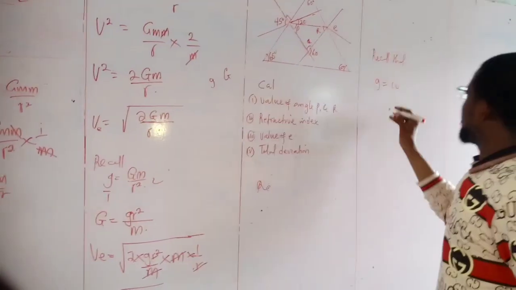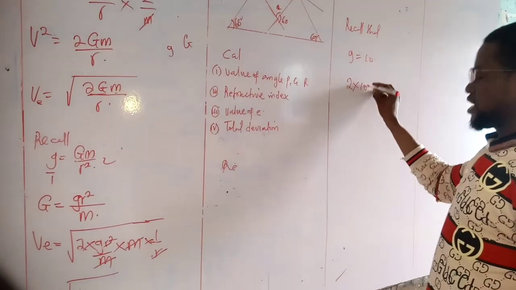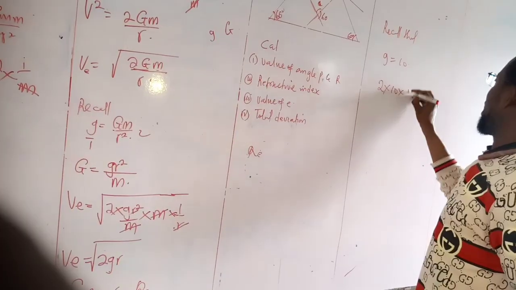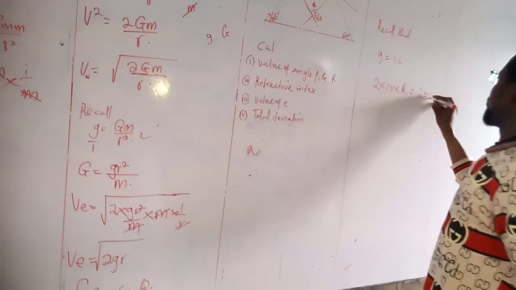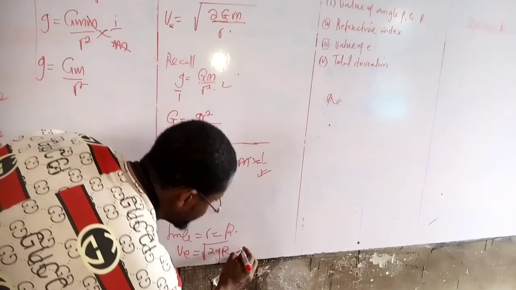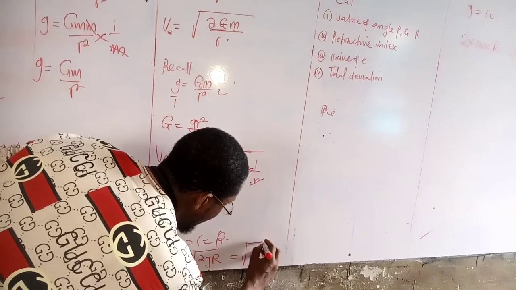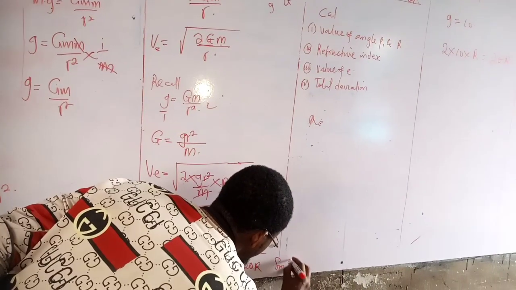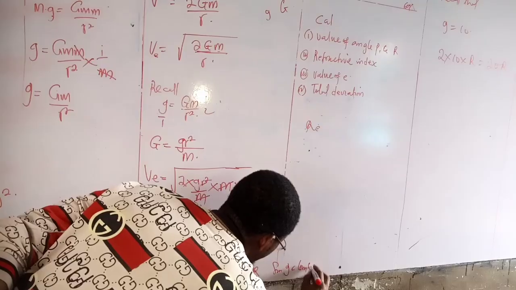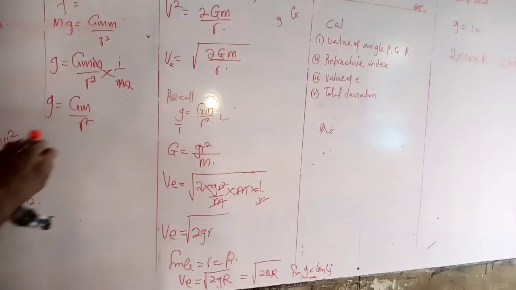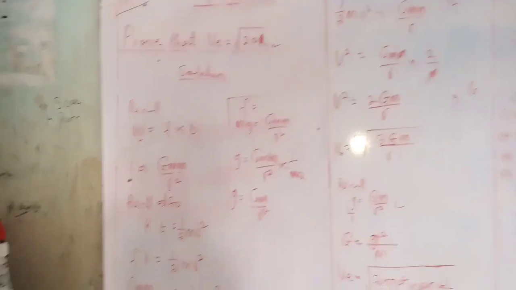Now we can have it as 2 times 10 times r, and that is 2. So that is exactly how we got it. So I have it as square root of 2, since g is equal to 10 meters per second squared. So we have been able to come to the end of that problem.